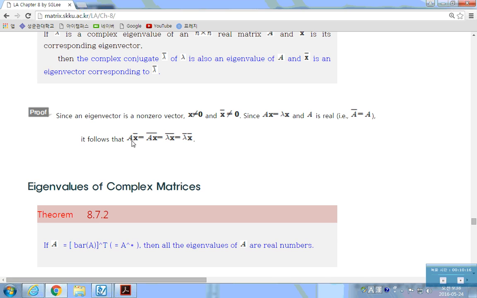What that means is A X conjugate is equal to lambda conjugate times X conjugate, and X conjugate is a non-zero vector. So lambda conjugate is an eigenvalue of A, and X conjugate is its corresponding eigenvector. So for a real matrix, if you have a complex eigenvalue, then you have its conjugate as an eigenvalue. And also, you don't have to find the eigenvector separately. Just take the conjugate of the eigenvector of lambda.